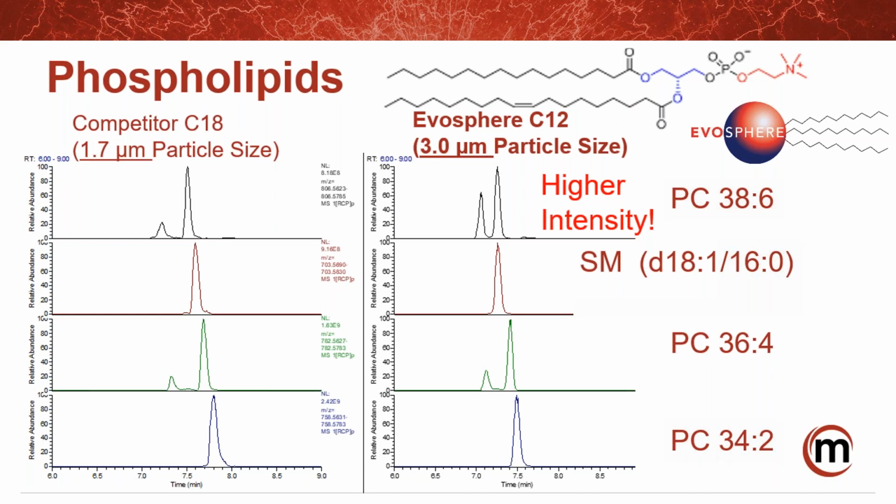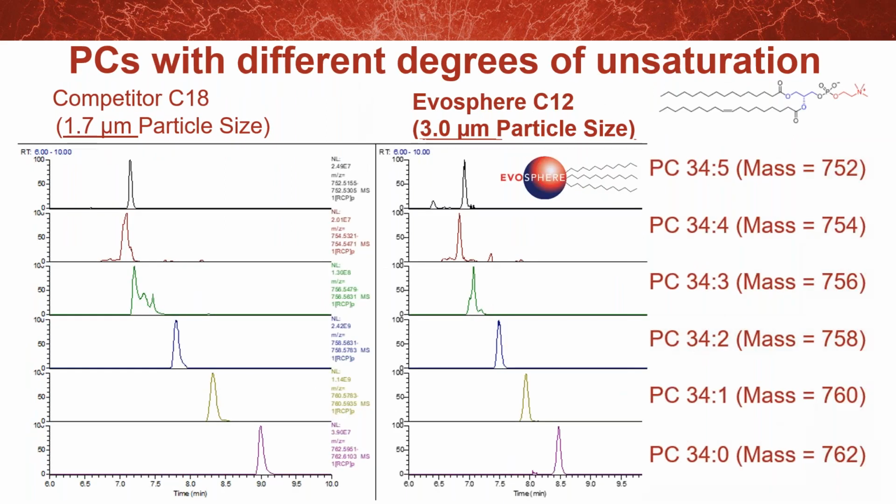So you get to play around with the gradient and things like that, if you wanted to optimize this further. 36.4, you can see it's just higher, taller peaks. And that's really the name of the game when you're trying to identify what lipids are in your study. The PCs with different degrees of unsaturation, again, it is really exciting.